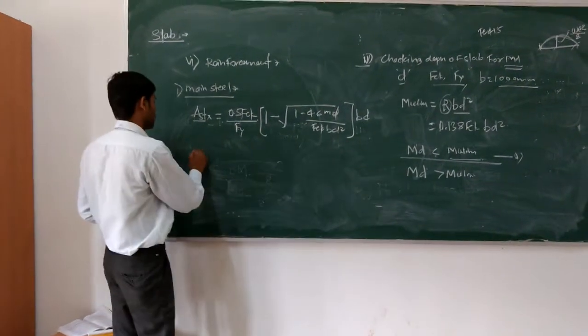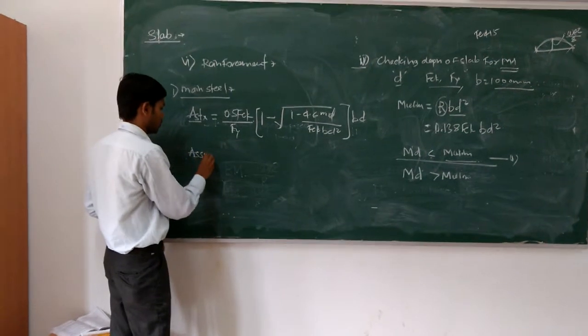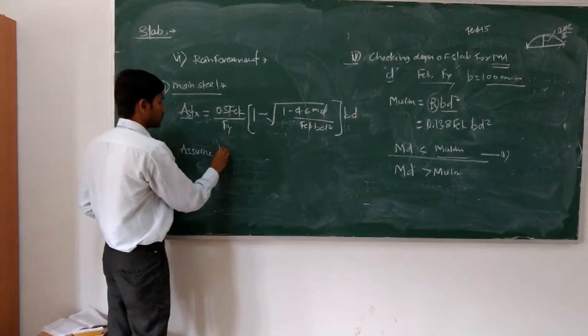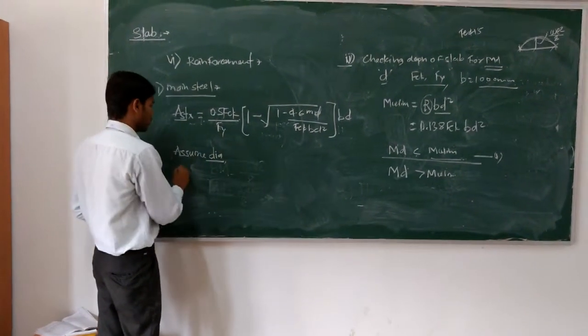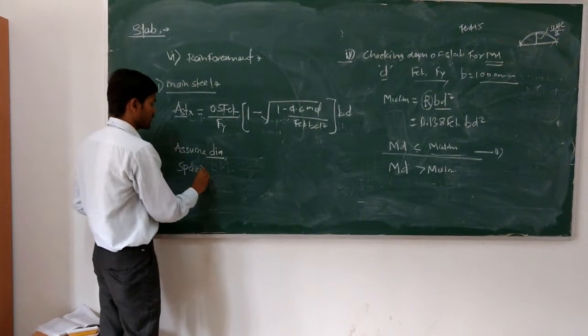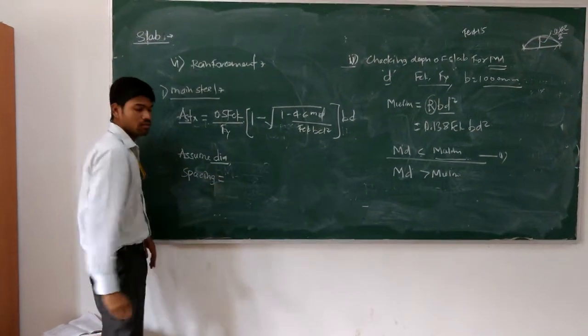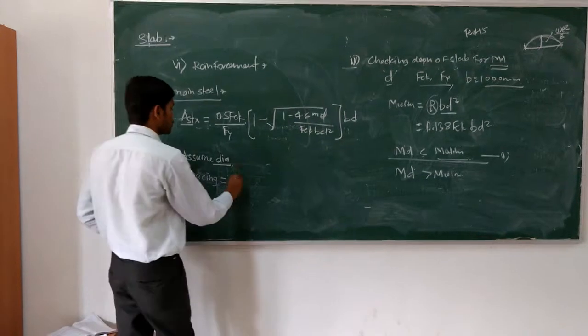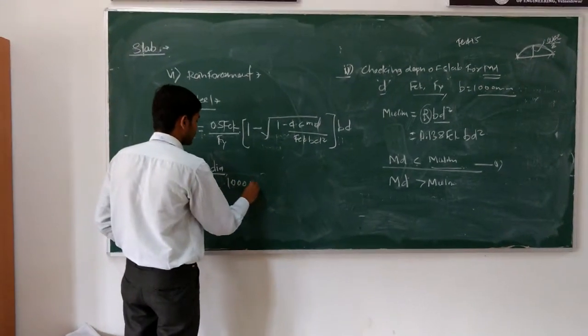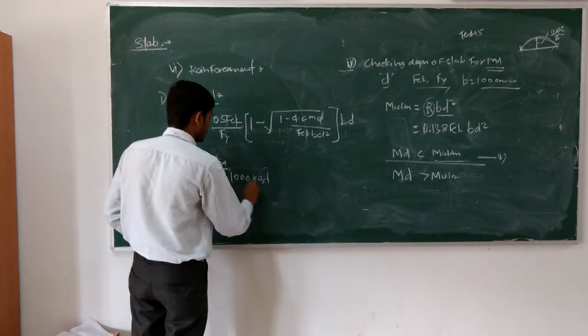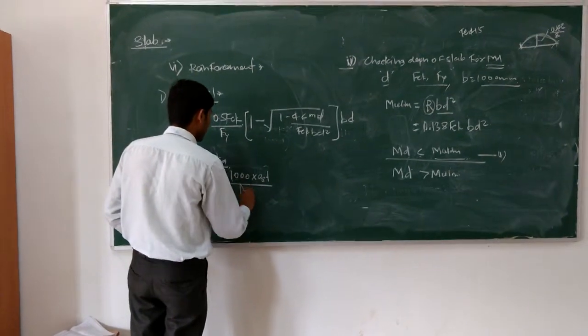Now we will assume the diameter of steel, then calculate the spacing. How to calculate the spacing? For spacing, the formula is 1000 into small Ast divided by capital Ast.